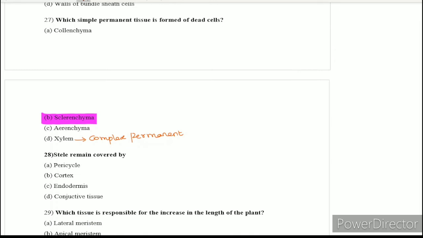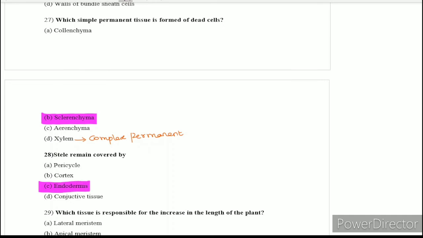Next one. Stele is covered by: Option A, pericycle. Option B, cortex. Option C, endodermis. And option D, conjunctive tissue. The correct answer for this question is that the stele is covered by endodermis.